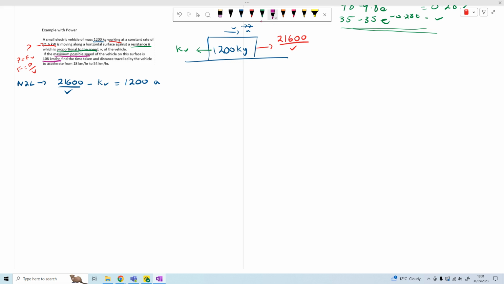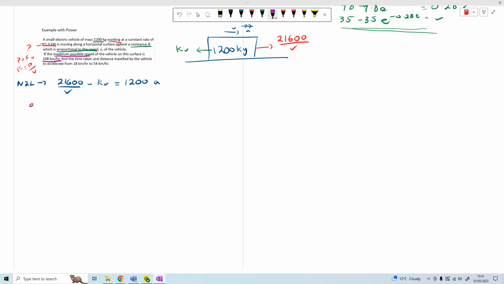The reason I'm going to use that is because in this equation, I want V's there. I know I'm going to eventually change this A out for some sort of derivative. And then the issue is this K. If you've got a constant of proportionality, there should be something in the question for you to find it. So that's what I'm going to try and find now.